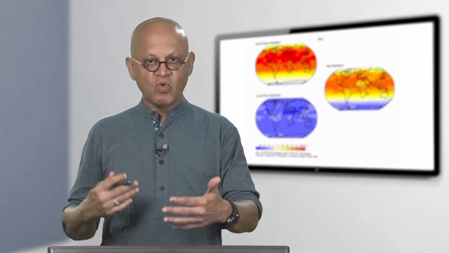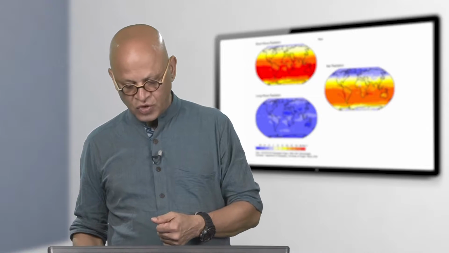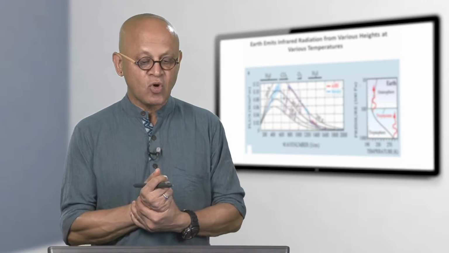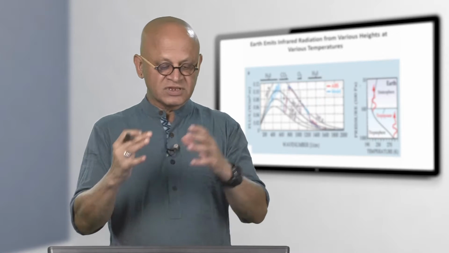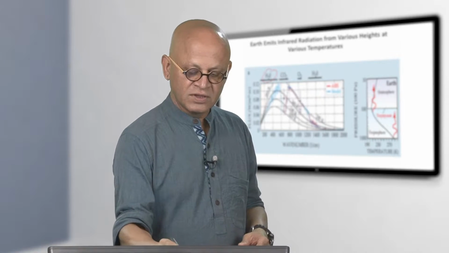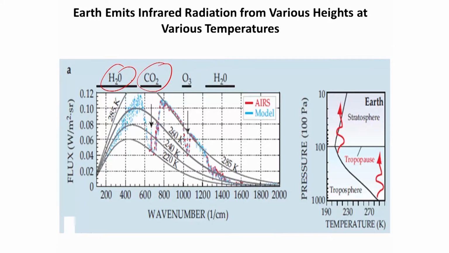So, we will come back to the impacts of global warming on these kinds of issues, but this is a good point to look at a little bit more detail of how the radiation balance works, because we must always put it back in the context of greenhouse gases. If you look at the flux in watts per meter squared versus the wave number at various temperatures, then you know that the earth is emitting from the surface and various levels of the atmosphere, including the clouds.